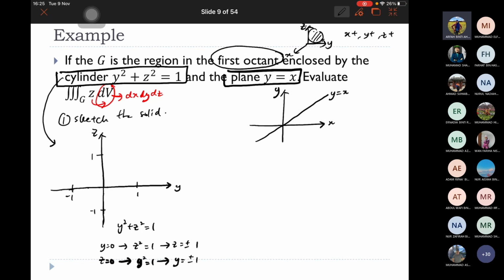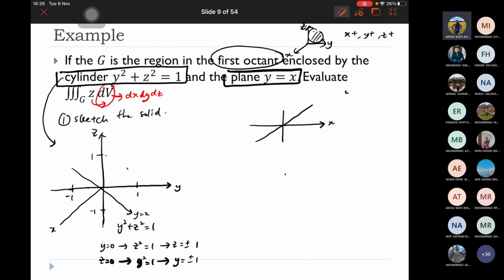So silinder meaning that silinder dalam masa yang sama kalau dekat paksi X awak dekat sini, dia akan ada satu garisan lain pula Y sama dengan X. So kita nak menghubungkan ketiga-tiga. Silinder is silinder lah. Okay. So from here, kalau kita combinekan all the sketching into 3 dimension, okay, dan dia terletak located dekat first octant sahaja.